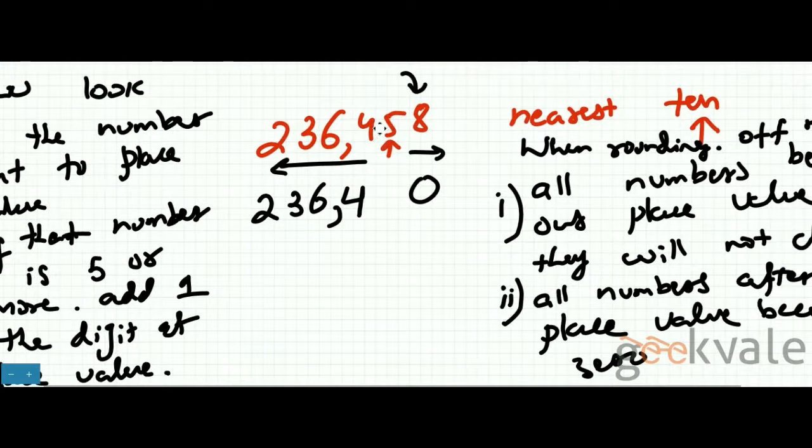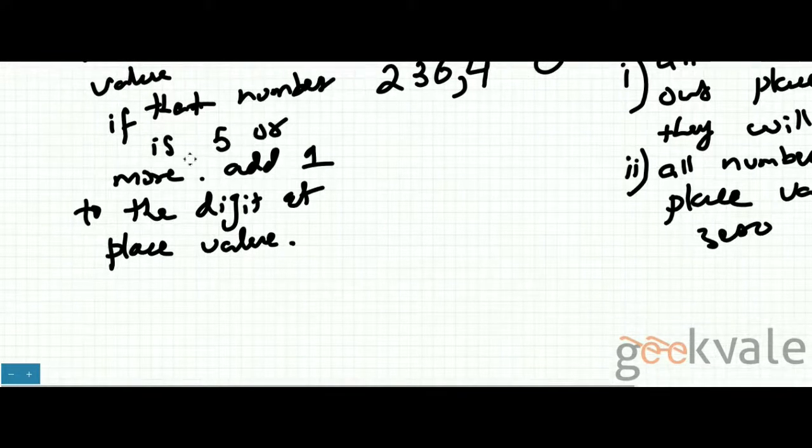Like right now, it's 8 appearing next to our place value, so we will add 1 to this. Otherwise, let's write down the other scenario as well.